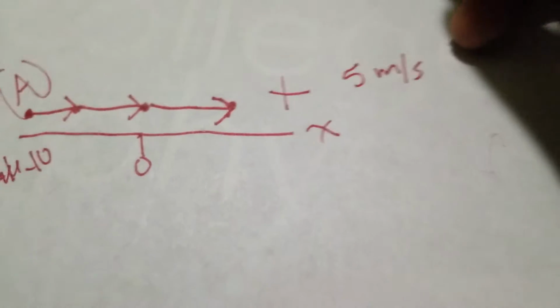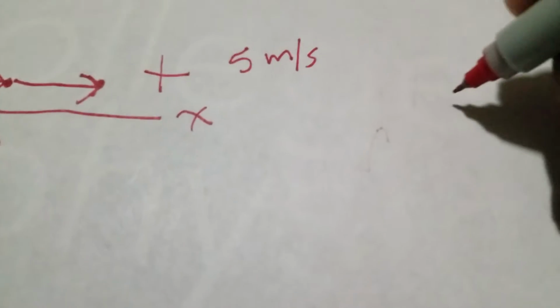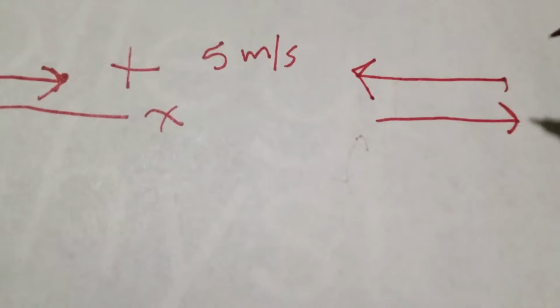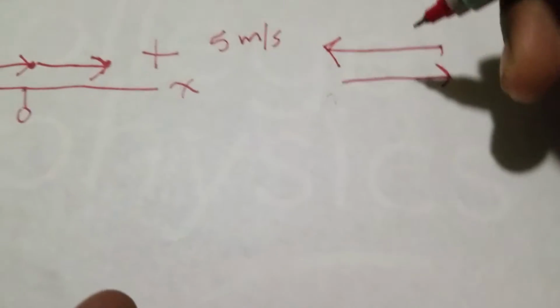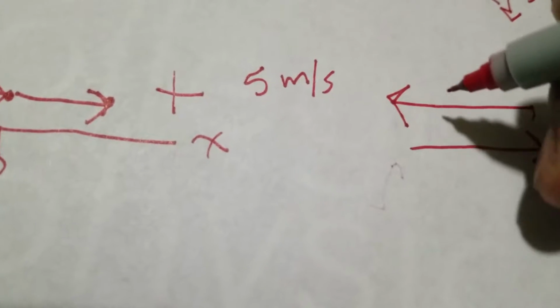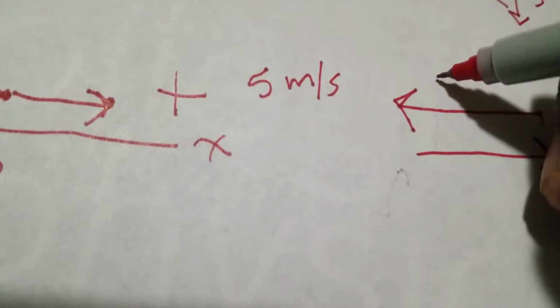So, for example, if a car was moving right, that means it would have a positive velocity. But if something was moving left, with the position going from positive to negative, that means the velocity is also negative.